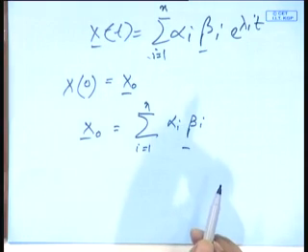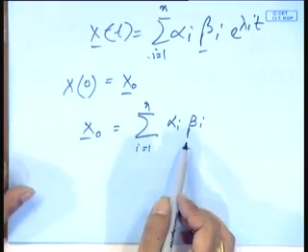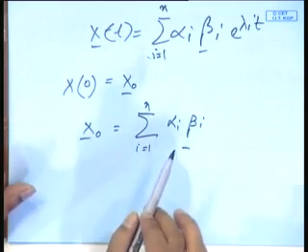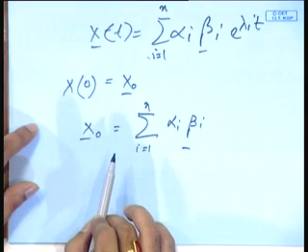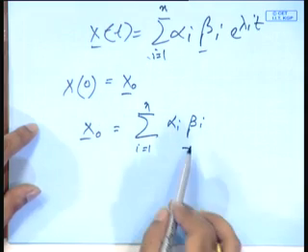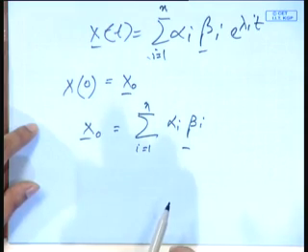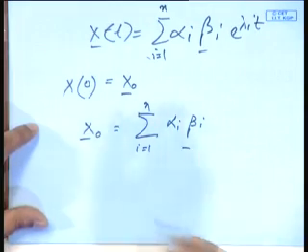So this is how I would define it, now that my eigenfunctions are known. There have to be unique values of alpha i such that this will work out. Let us say you have a 2 by 2 matrix and beta i has 2 elements each.